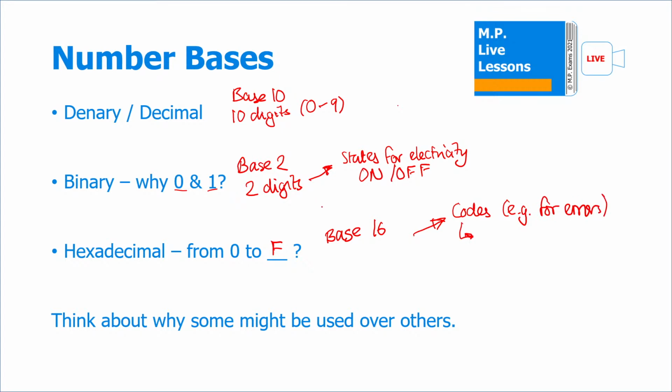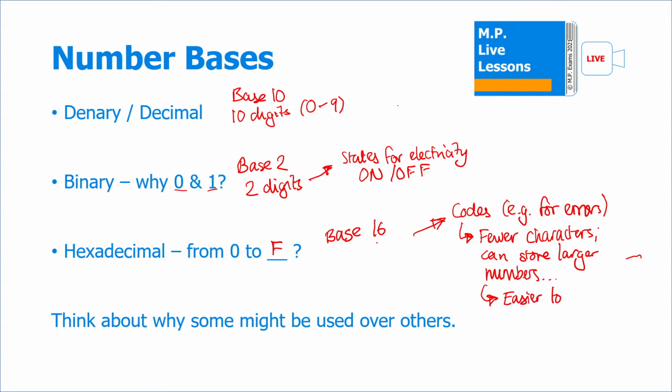This is because they have fewer characters to store the same number. And this makes them easier to read. Whereas if you used binary, that wouldn't be a good idea for, let's say, error codes, because if you mistype a 0 for a 1, it changes the error code dramatically.